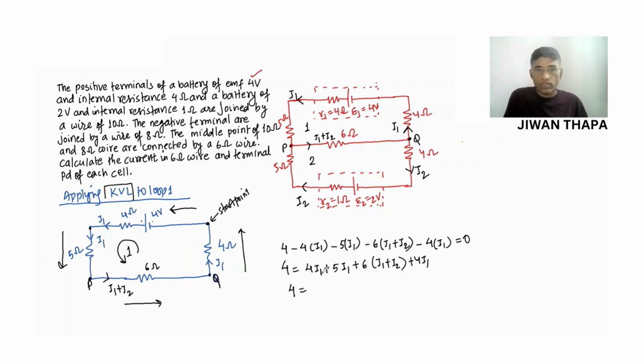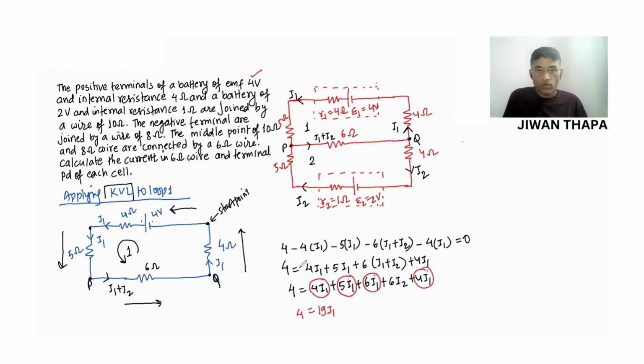So 4 equals 4I1 plus 5I1 plus 6I1 plus 6I2 plus 4I1. Now, let us add the terms containing I1. So what do we get? 6 plus 4, 10, plus 5, 15, plus 4, 19. So we get 19 I1.